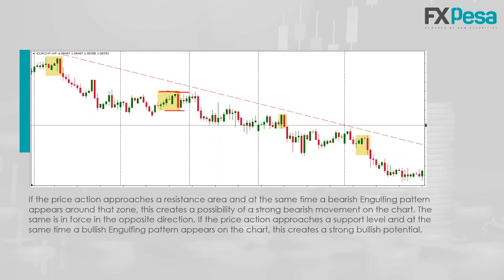So the price action approaches the resistance area, and at the same time a bearish engulfing pattern appears around the zone. This is a possibility for you to check out for a strong bear movement, and you want to jump in and take opportunity of that new trend. Very important there.